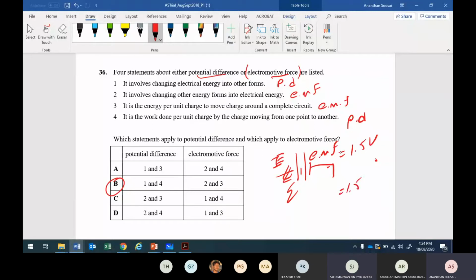It means 1.5 joule of chemical energy is converted to electrical energy per unit charge flow. When one coulomb of charge goes through the battery, 1.5 joule of chemical energy has been converted to electrical. That is EMF. It involves changing from other form to electrical.